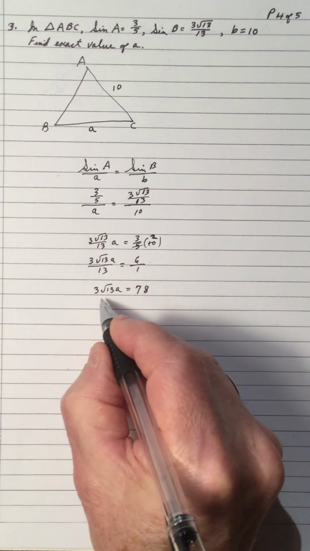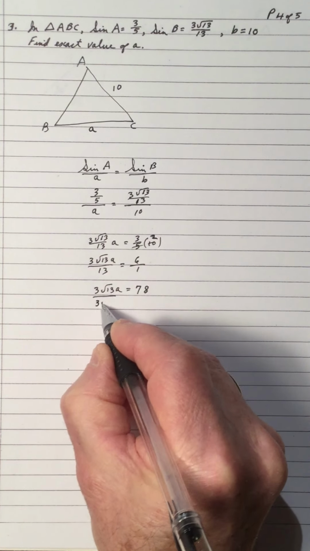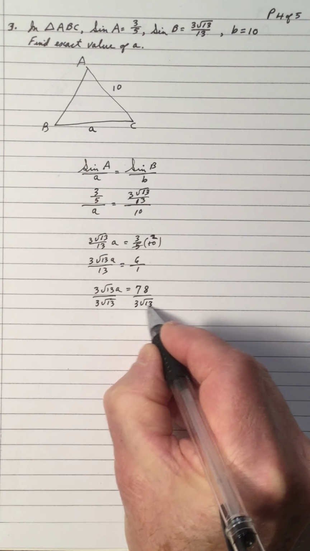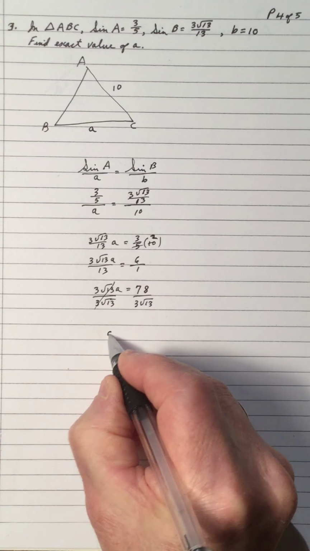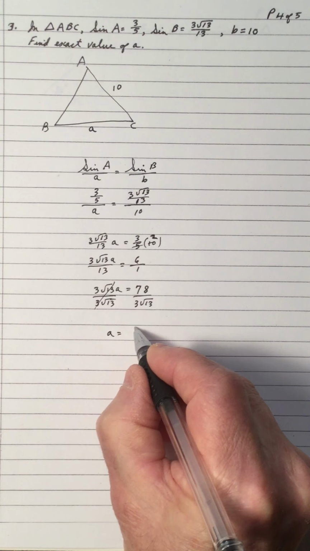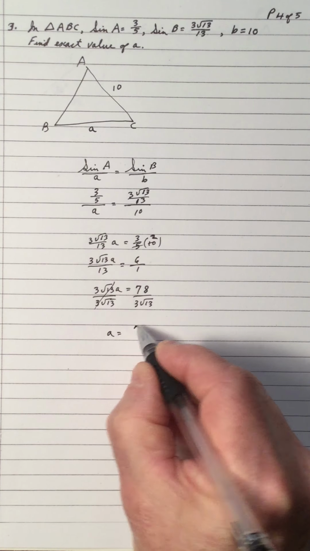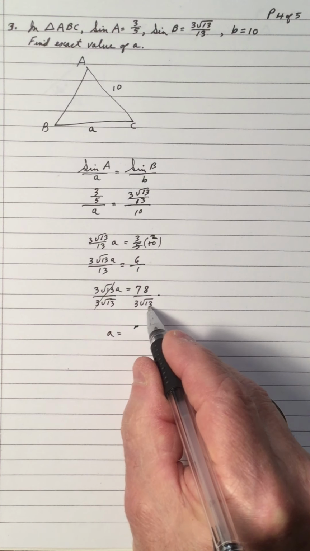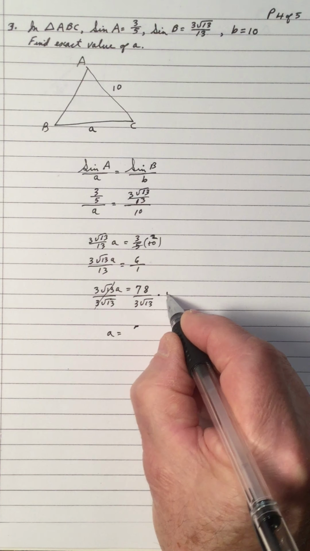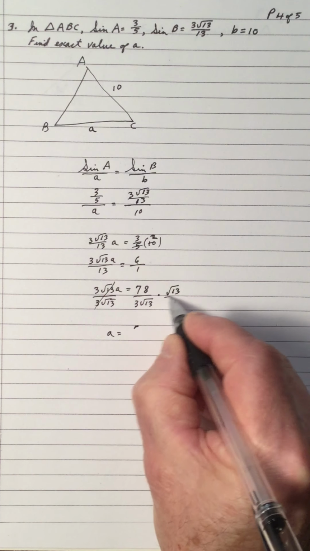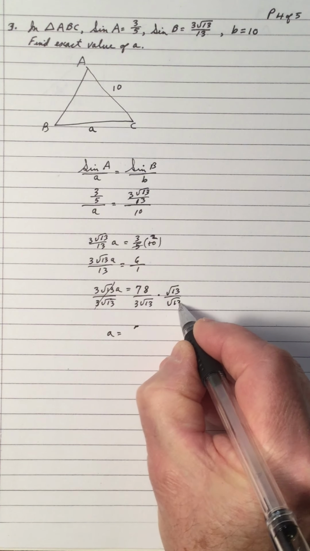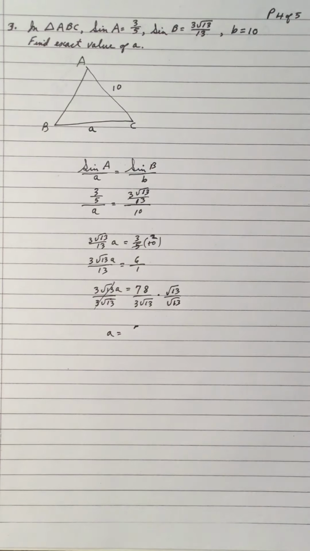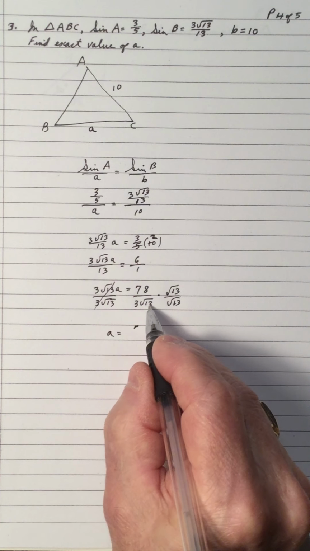And now I got to divide 3 root 13 on each side. That gets us. So A is equal to. Now I'm going to simplify this. I have 3 root 13 right here. So I need to multiply by root 13. So I multiply by root 13 because I need to make the bottom a rational number.